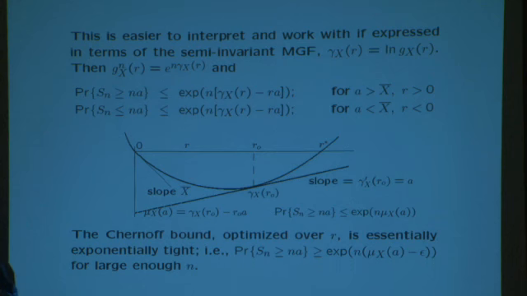What does it mean to be exponentially tight? That's what I don't want to define carefully. There's a theorem in the notes that says what exponentially tight means, and it takes you half an hour to read because it's stated very carefully.